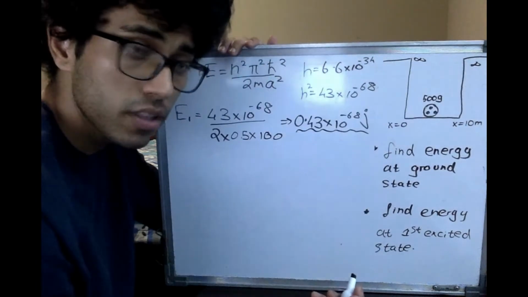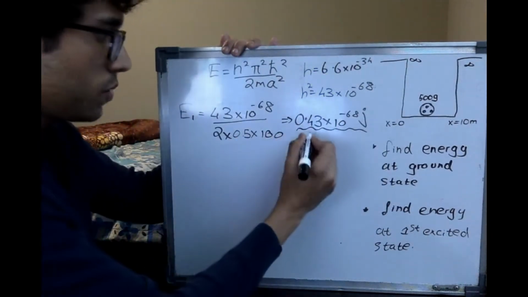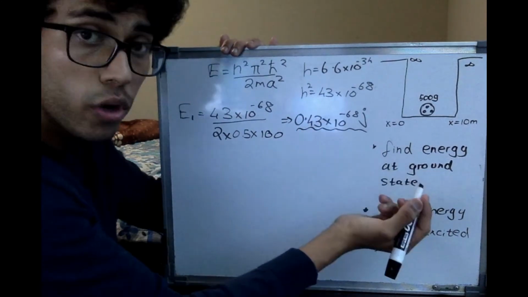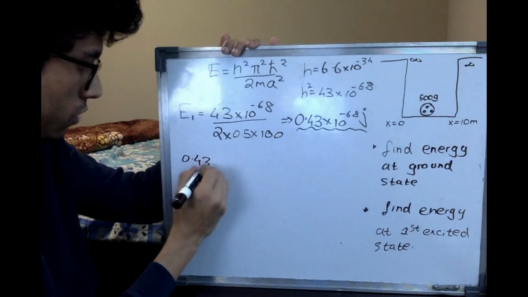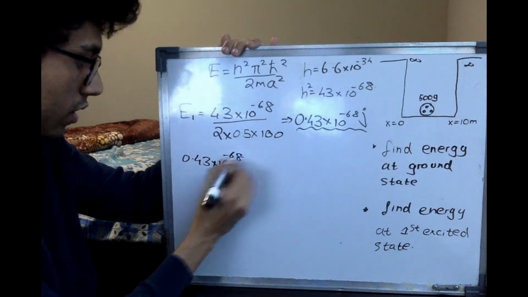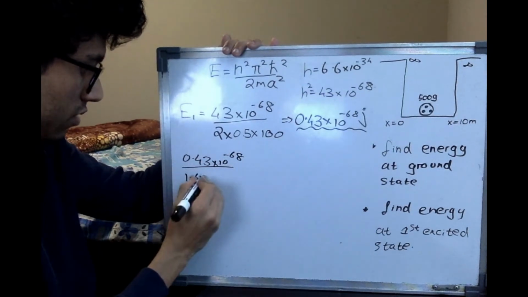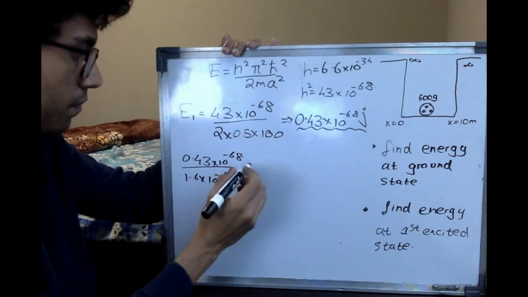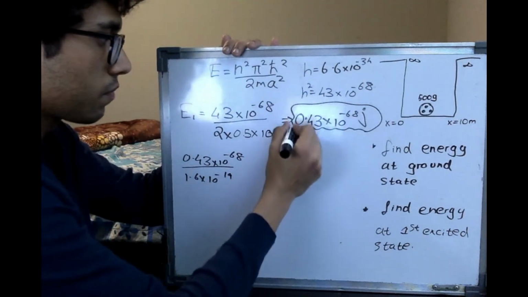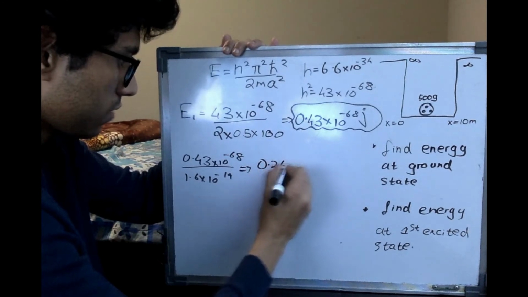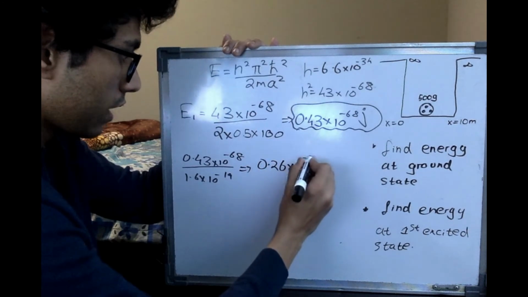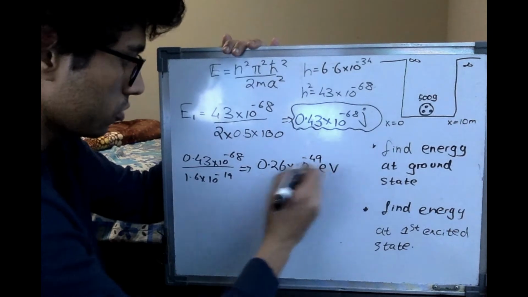And if I want to calculate this in electron volts, I simply have to divide this by 1.6 times 10 to the power negative 19. So 0.43 times 10 to the power negative 68 over 1.6 times 10 to the power negative 19. This is in joules. And this will be something close to 0.26 times 10 to the power negative 49 electron volts.